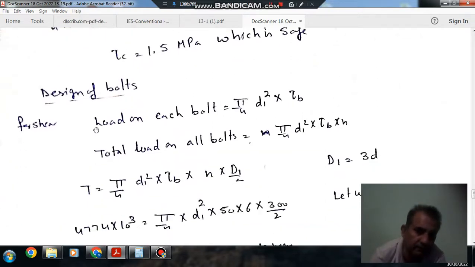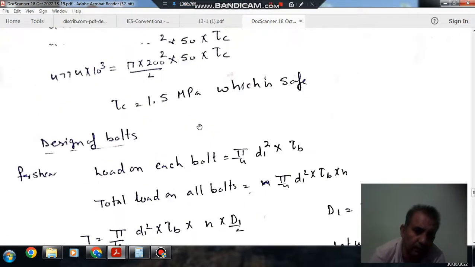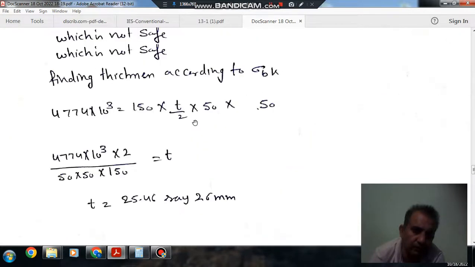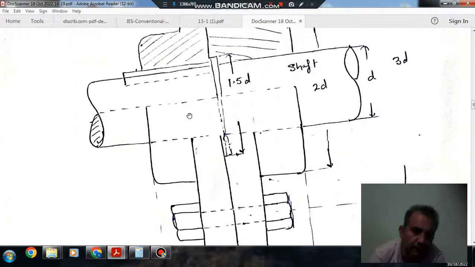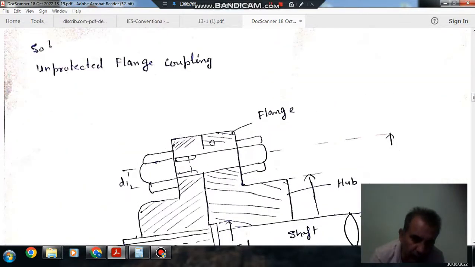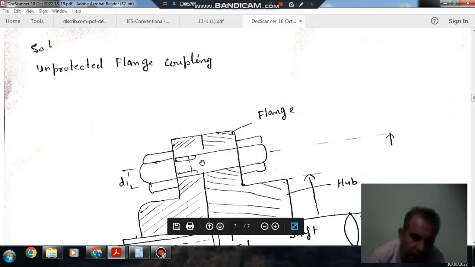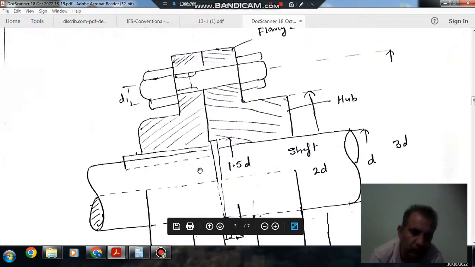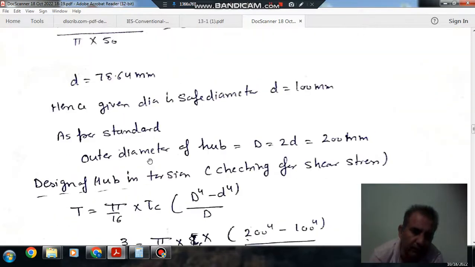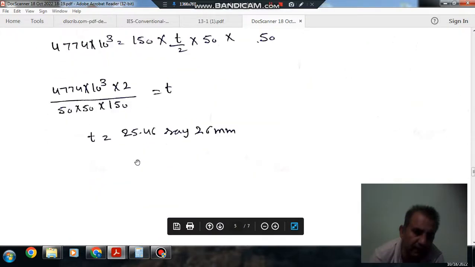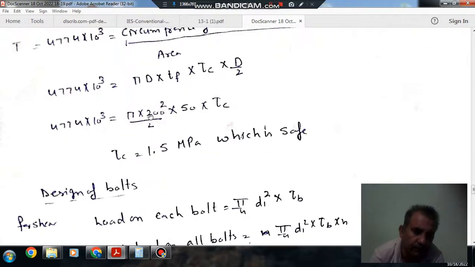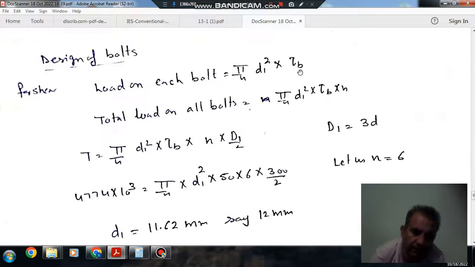Now we'll design the bolts. The bolt will also try to fail along this. One part of the flange will go here and another can stay here, so the bolt can fail here. The area responsible for failure of the bolt is pi by 4 d1 square, where d1 is the diameter of the bolt.